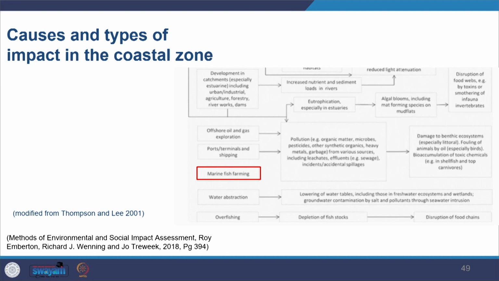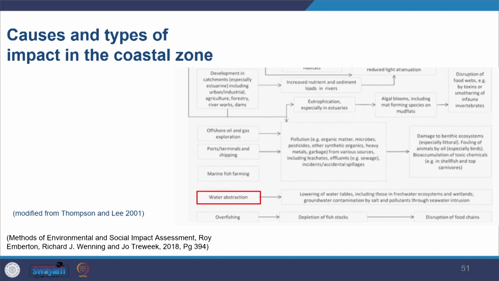It could damage the benthic ecosystem, and it could lead to loss of wildlife, animal life, and birds' life in the coastal areas. And then you also see bioaccumulation of toxics because of these projects.